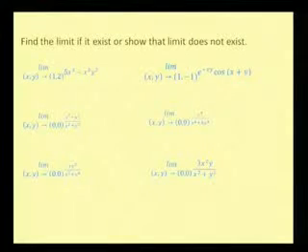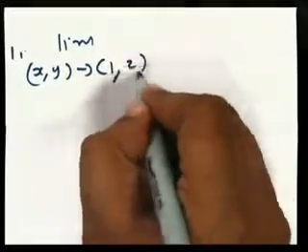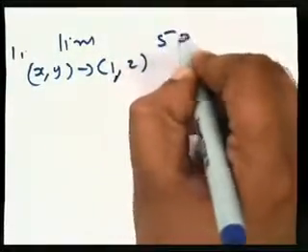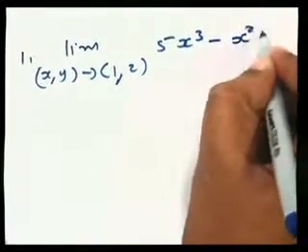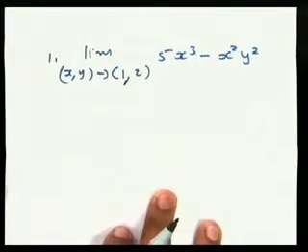Now let us see some examples to calculate the limit of a function of several variables. The first question. The limit as xy tends to 1, 2 of 5x cube minus x square y square. How to calculate the limit of this function?